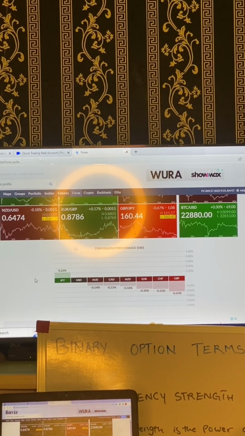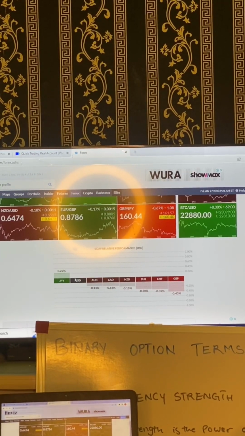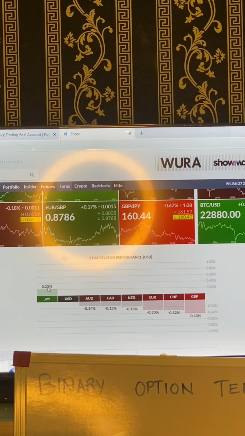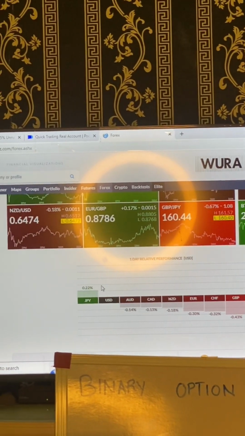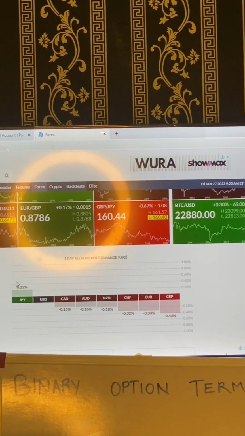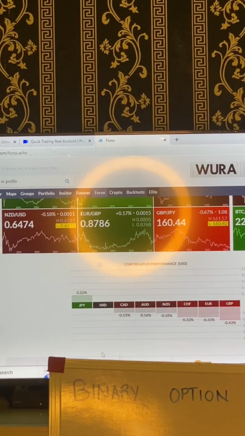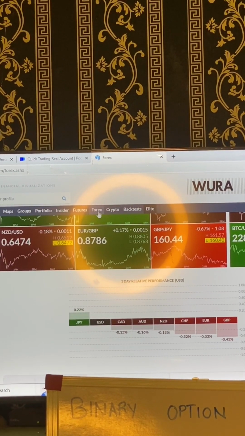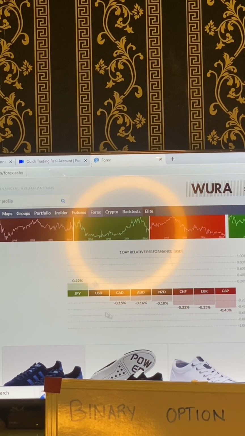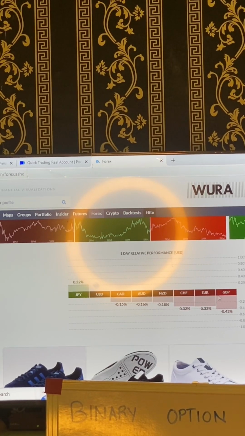Let's go and research. Okay guys, here are the various currency strengths. To know the various currency strengths, go to the website finviz.com. Then you click on Forex here, scroll down a bit, and you see the currency strength of the different currencies.